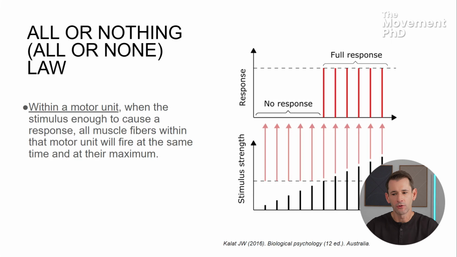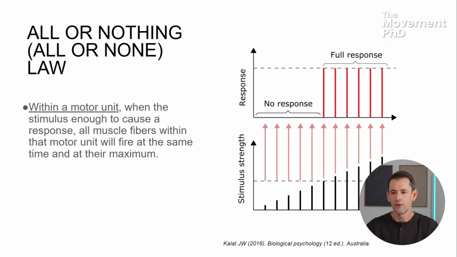So within a motor unit, it's binary. It's either no response of the muscle at all, or it's full response of the muscle. So any stimulus strength below threshold, that motor unit, those muscle fibers, they're off. They're not contracted. If we cross that threshold, then those motor units fire maximally. All those muscle fibers contract maximally.